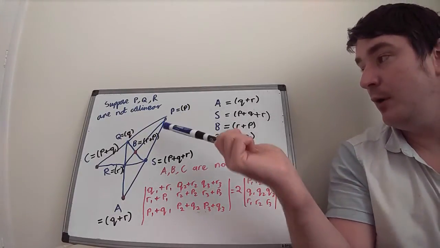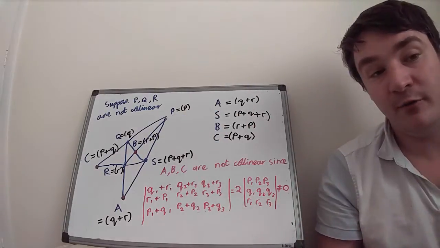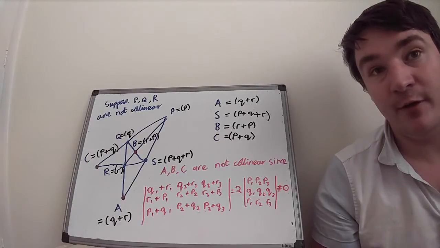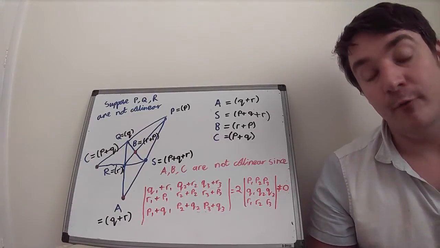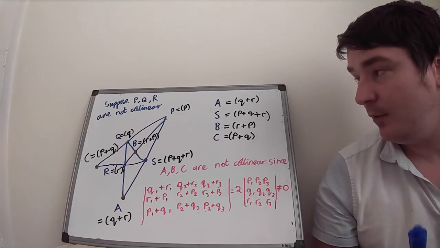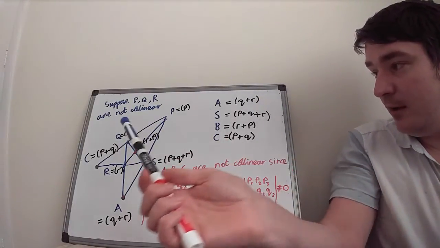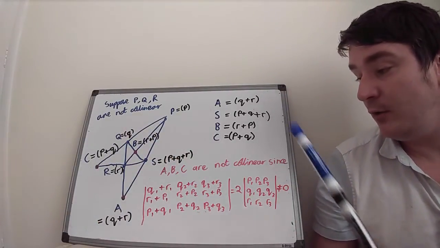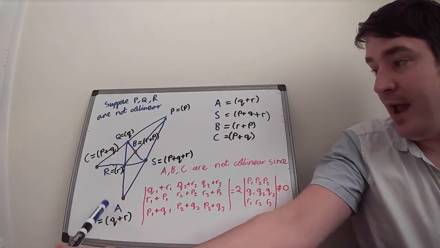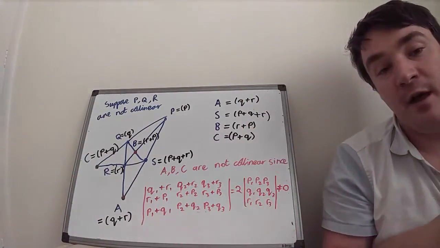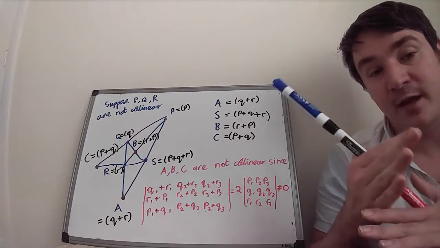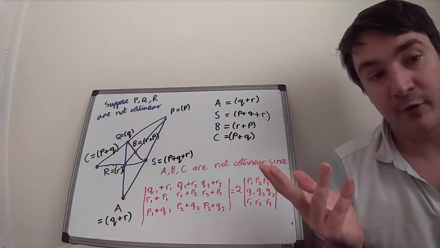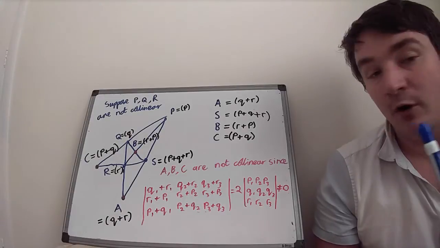When I'm using blue and capital letters, I'm referring to points. And when I'm using black and lowercase letters, I'm referring to the homogeneous coordinates of points. Okay, so we want to show, given this assumption that P, Q, R and S form a quadrangle, that these diagonal points A, B and C, which are the meeting points of edges of the quadrangle which are not vertices, are not collinear.